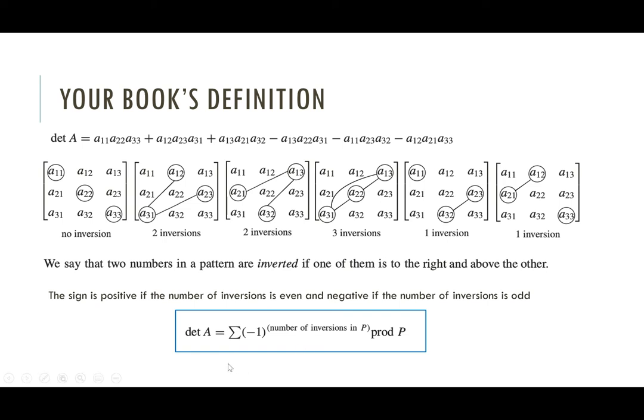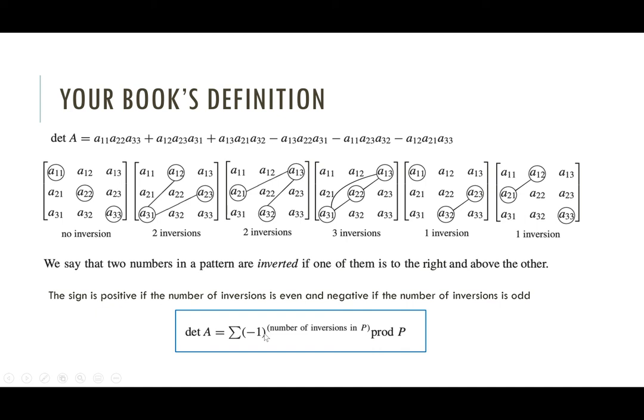Then they say, all right, the determinant is going to be what you get when you take a pattern and have negative one raised to the number of inversions. That will make it 1 if the number of inversions is even and negative 1 if it's odd.